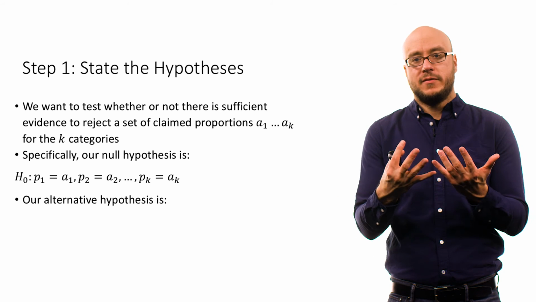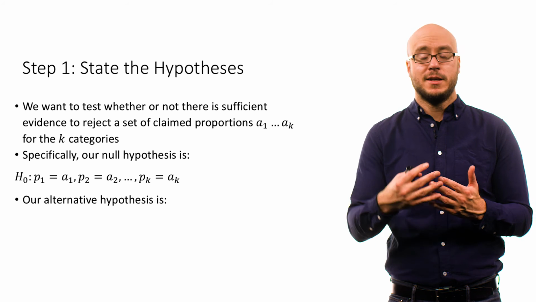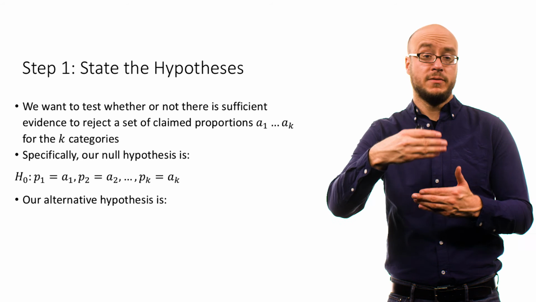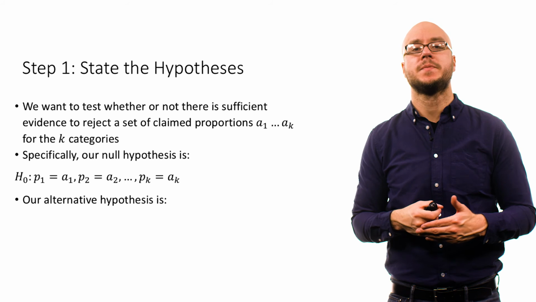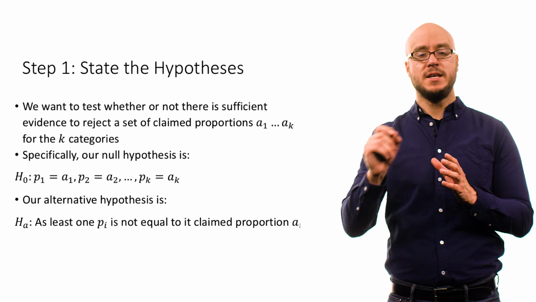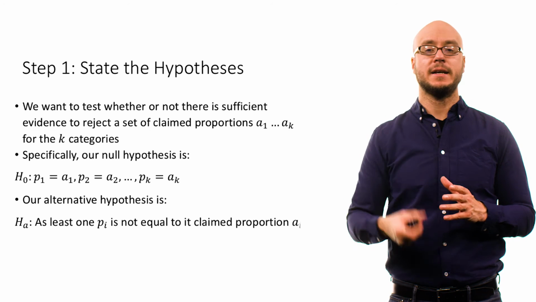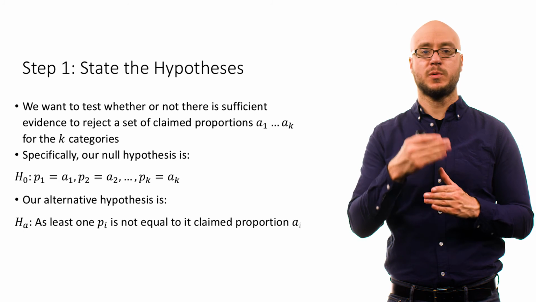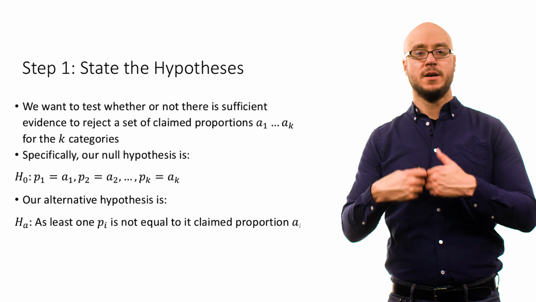So in this kind of test, the null hypothesis is that, in fact, the population proportions are the same as those claimed by this person. Our alternative hypothesis is simply that one of these values of P is not equal to its corresponding claimed proportion, where P refers to the actual proportions of the population and a refers to the claimed proportions based on our hypothesis.